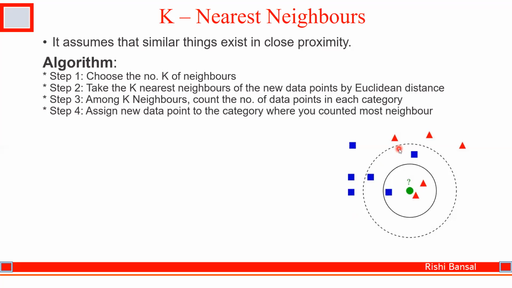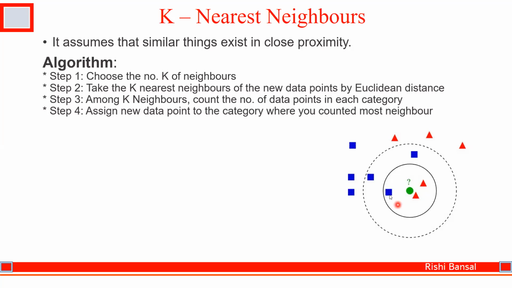So this is a simple algorithm. Any question on this algorithm? Rishi, in the first case, we are seeing the distance, and in the second case, we are seeing the count. No, no. In the first case also we are seeing the count only. See, in the first case we took k equal to 3, and the solid line represents that under this circle only 3 readings are there except the green, because for the green only you need to predict.